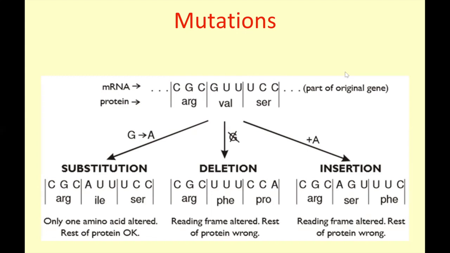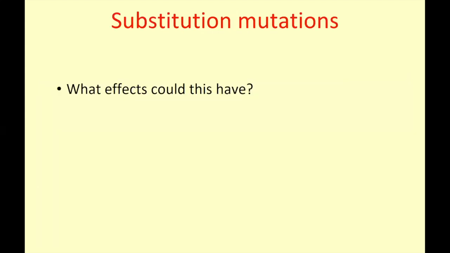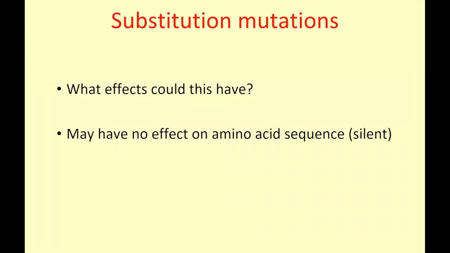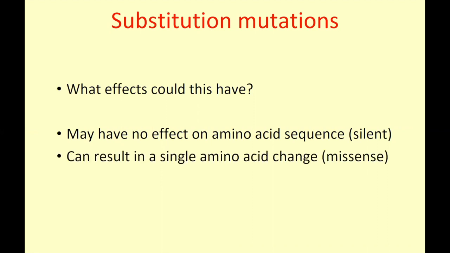Now, as well as these types, with substitution, they could have no effect. And the reason they may have no effect is that the code is called degenerate. Sometimes you might change a base there and you still would get the same amino acid coded, okay? Because it's called a degenerate code, meaning more than one sequence leads to an amino acid.